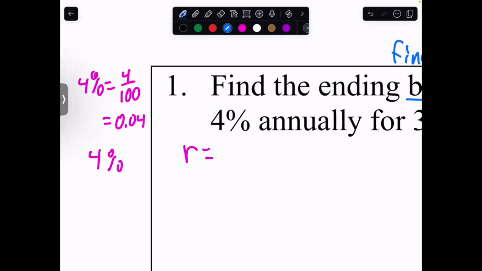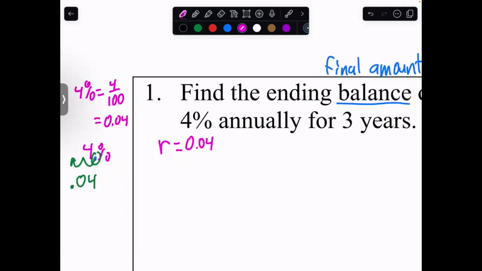If there's a decimal point, great. If not, you put it on the right, like 4 is 4.0. And when you divide by 100, that's always equivalent to moving the decimal point twice to the left. Since we have a gap here, that gap is filled in with a 0. So 4% is equal to 0.04.